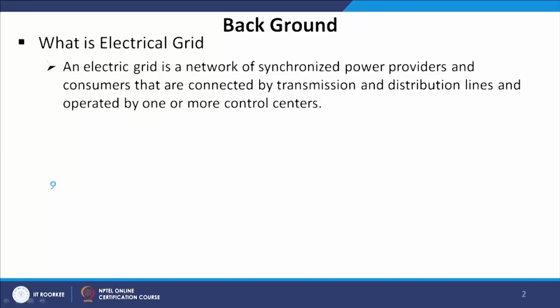First of all, let us understand what is the meaning of electrical energy grid. The moment we talk about electrical grid, it means an electric grid is a network of synchronized power providers and consumers that are connected by transmission and distribution lines and operated by one or more control centers.